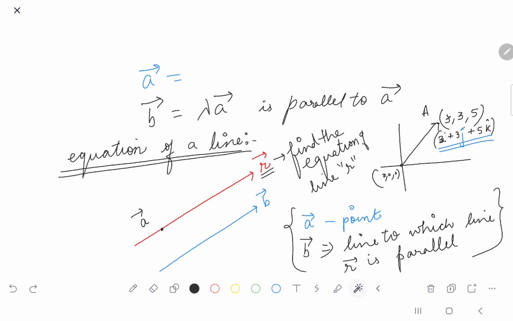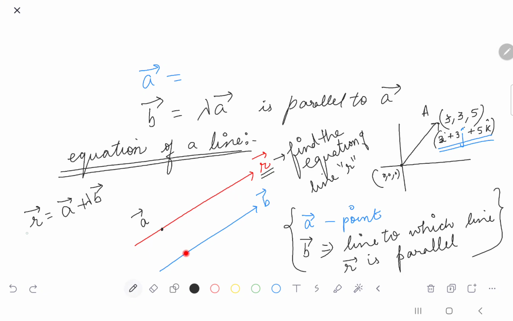Line R, basically, is nothing but just a vector. So what do we say? We say R equals A vector plus lambda B vector. You understand? A vector plus lambda B vector shall give me R. Understood or not? Yes, ma'am.